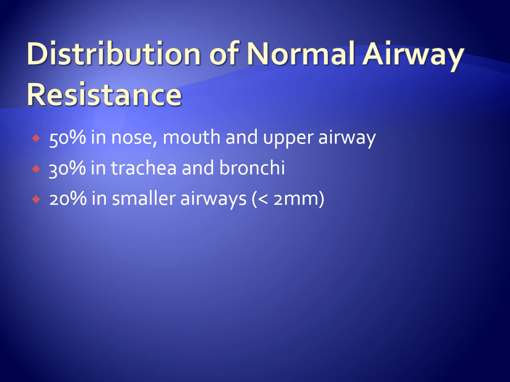Well, what happens to their airway resistance if we bypass the normal nose, mouth, and upper airway? Well, 50% of your airway resistance is your nose, your mouth, and your upper airway. Therefore, if we move past the nose, mouth, and upper airway, we reduce the airway resistance that patient has to breathing. In other words, we make it easier for them to breathe.